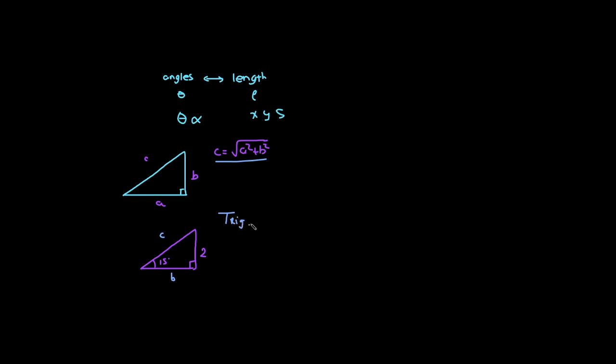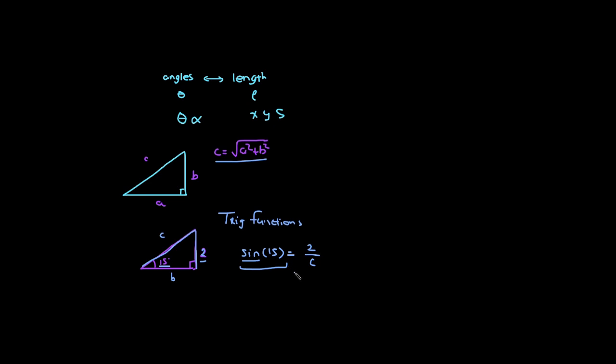Because we have a side length and an angle, what we can do is say that the sine of this angle is equal to the opposite side, that's a side length of 2, divided by the hypotenuse, so C. Sine of 15, well, I don't know what that is, but it's some number.